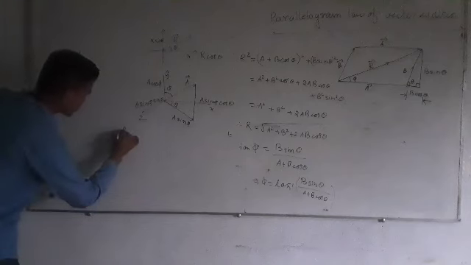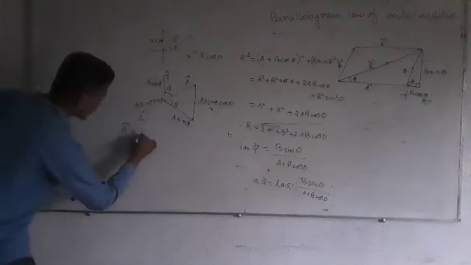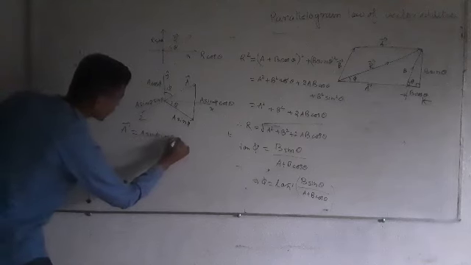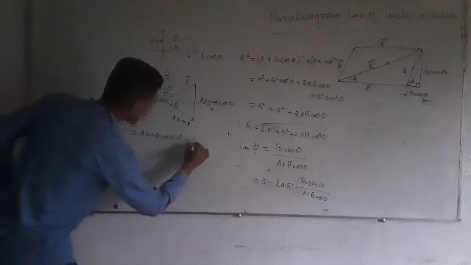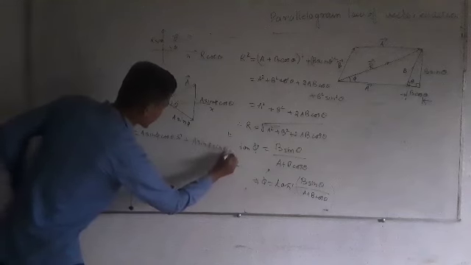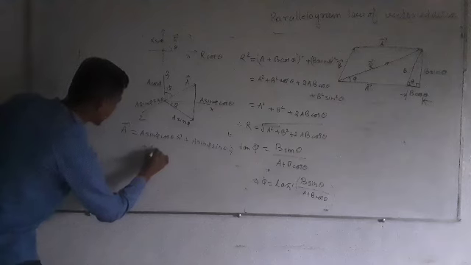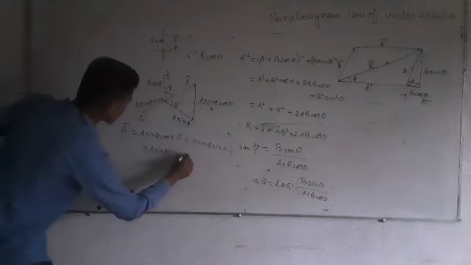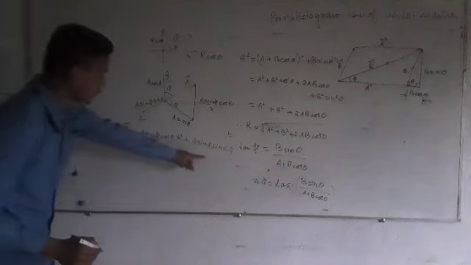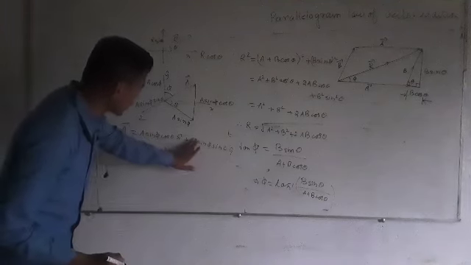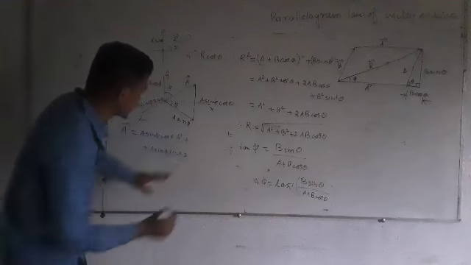Therefore, this A vector is equal to A sin phi cos theta x cap plus A sin phi sin theta z cap. Y cap is only A cos phi.